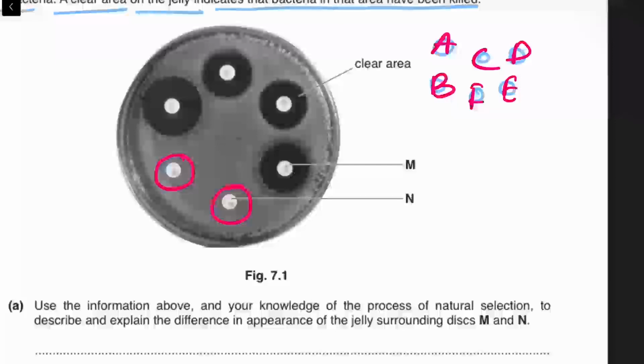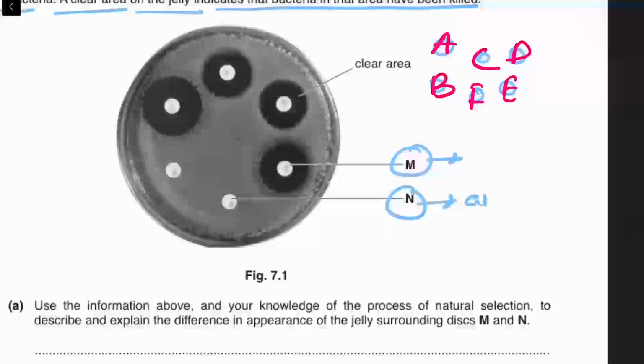What is the most effective antibiotic? Most likely this. Why is this? Because the clear area is more, meaning that more bacteria have been killed and destroyed.